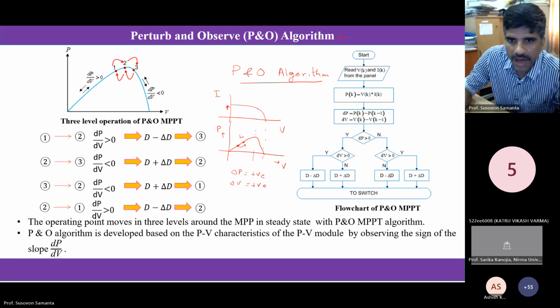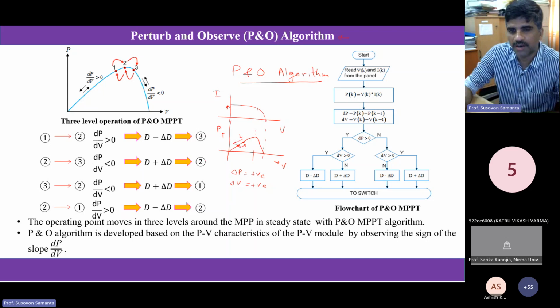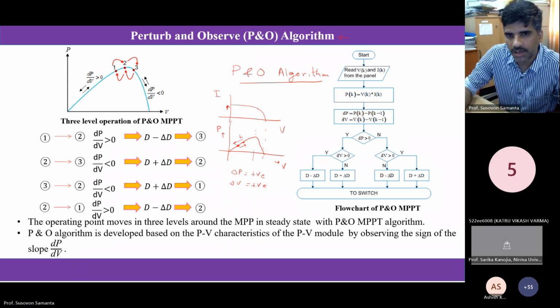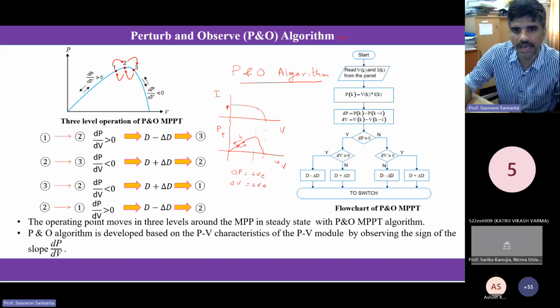And if I move from this point to this point, here your dP is negative and dV is also negative. So dP by dV is always positive.